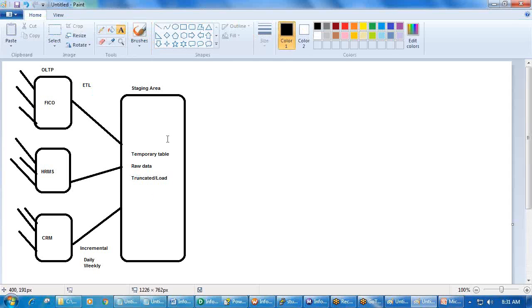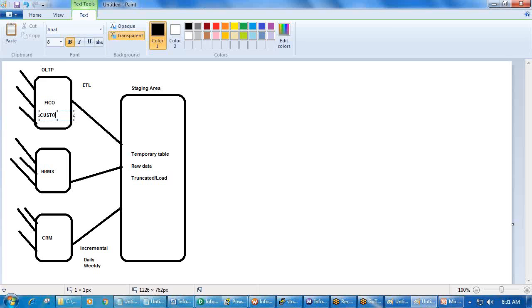Now the data is available in the form of, let's say, a customer table, an employee table which is there in HRMS, and something like a lead table, S_LEAD, or contact.